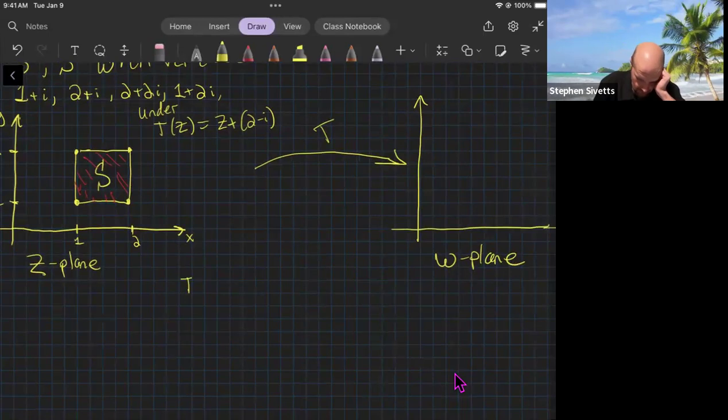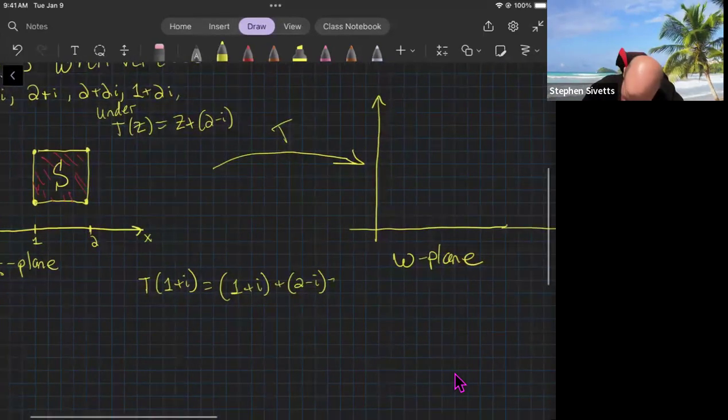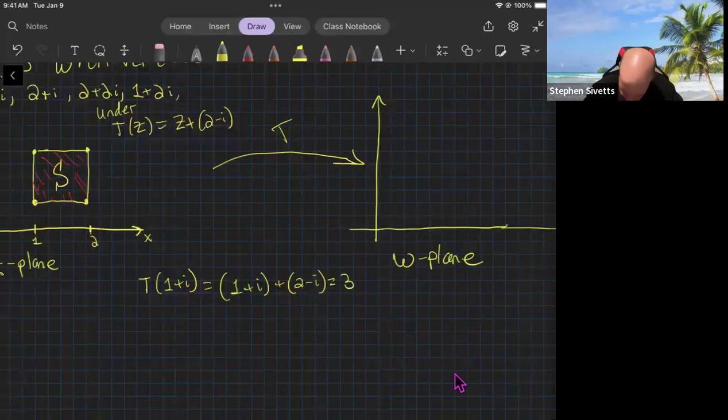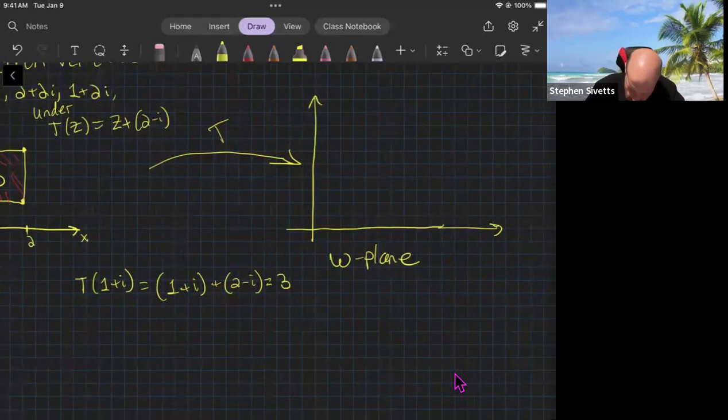And we'll see what shape we'll get. So if I look at the first vertex, 1 plus i, this will equal 1 plus i plus 2 minus i. So the i's cancel, and you will get 3. Okay, so 1 plus i will correspond to the point 3 plus 0i in the w-plane.